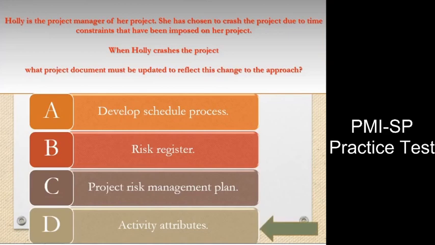Answer D. Explanation. When Holly adds resources to the project, as in this instance, she will need to update the activity attributes to reflect the new labor. Activity attributes are an output of the define activities process. These attributes refer to the multiple components that frame up an activity.